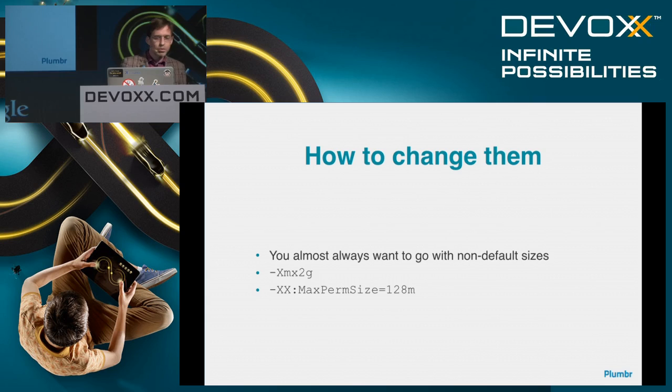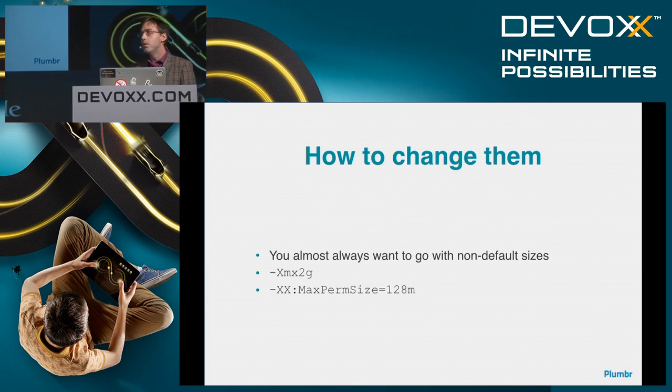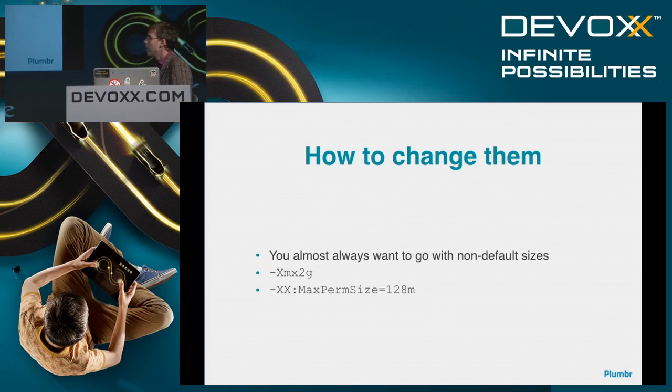So the two most commonly used options for JVM related to memory management are Xmx and, prior to Java 8, permanent generation size, or PermSize. Xmx is simple, everybody knows that. That's just the total amount of the heap. And on top of that, we have permanent generation.